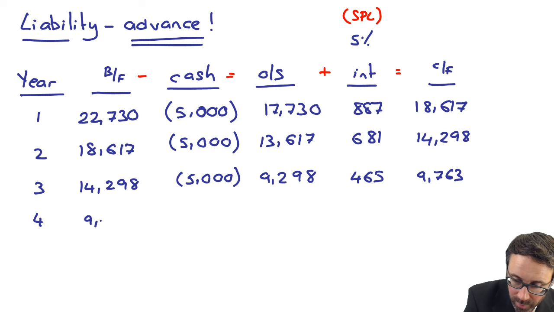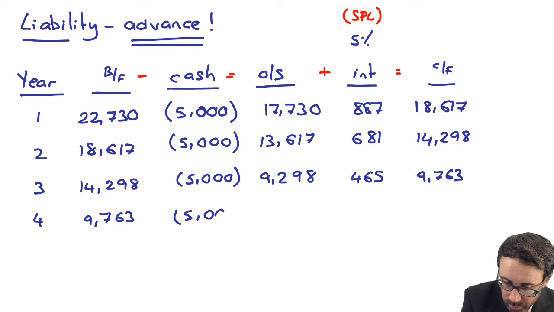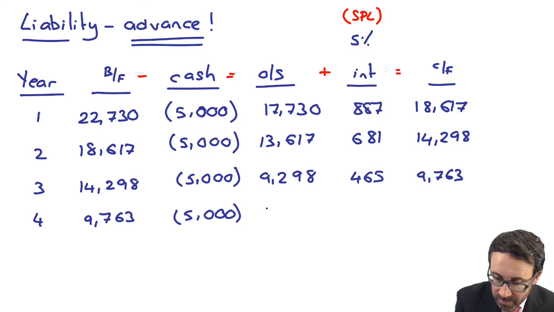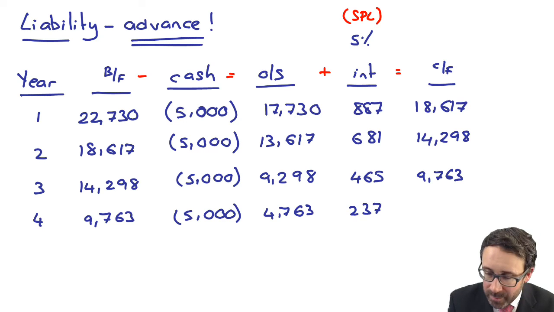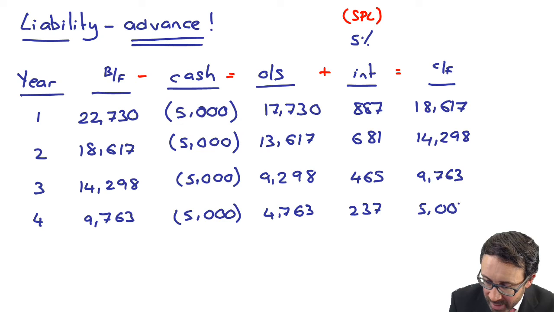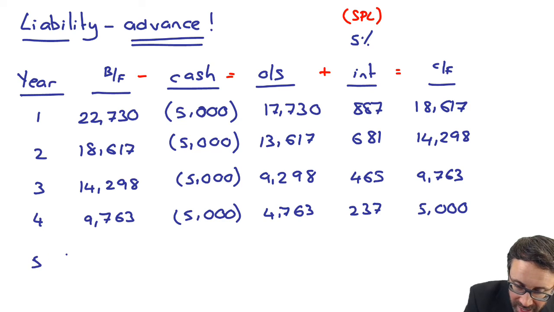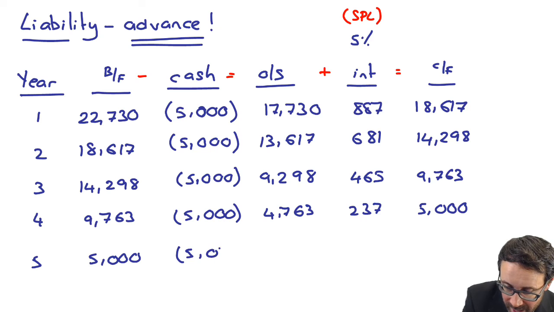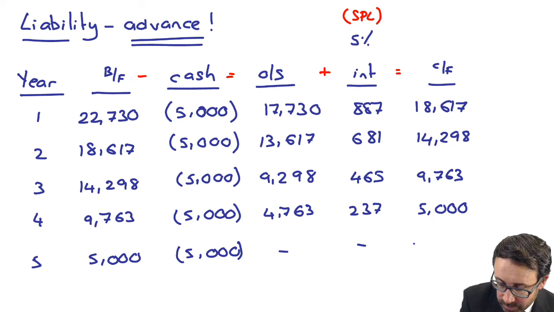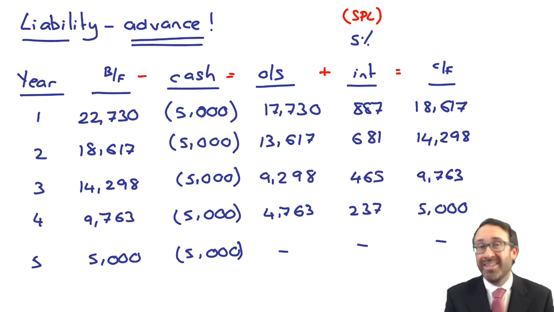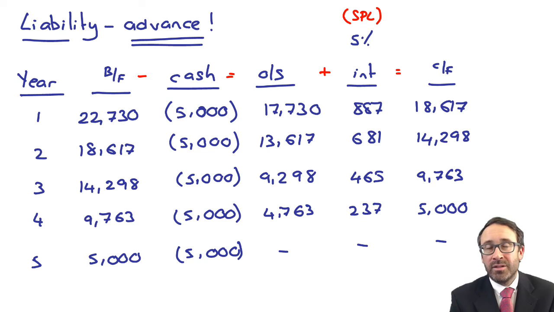Year 4, 9,763, reduced by 5,000 to give me 4,763. 5% of that gives me 237, and this is where it's quite clever, because it's probably a bit of give and take with rounding, but that then comes to the 5,000, because what should then happen is that when you make the final payment in the next year, that clears off the liability right at the very start of the year because you've finished all of your payments.